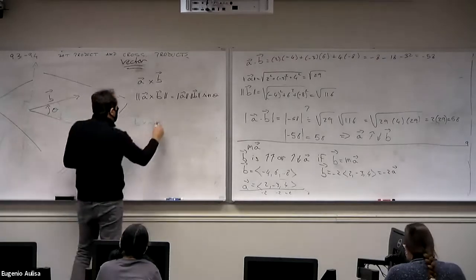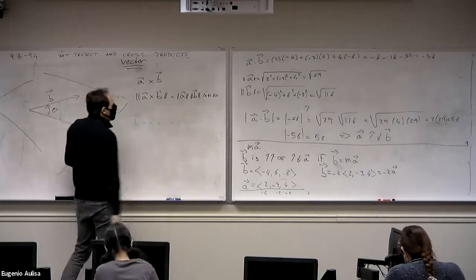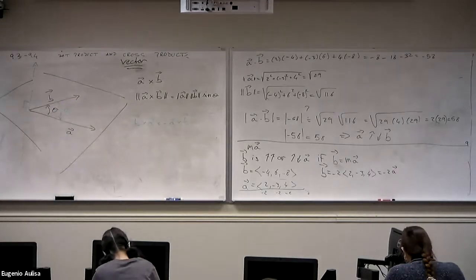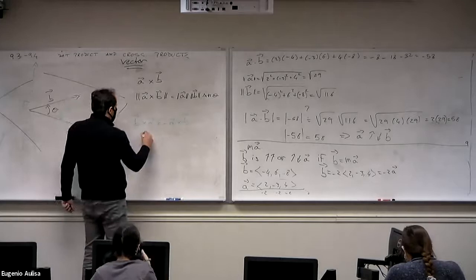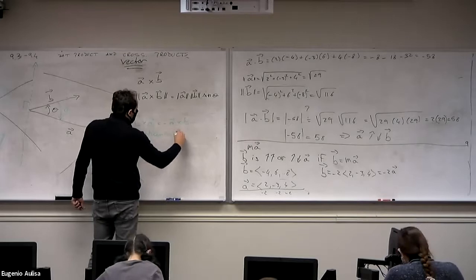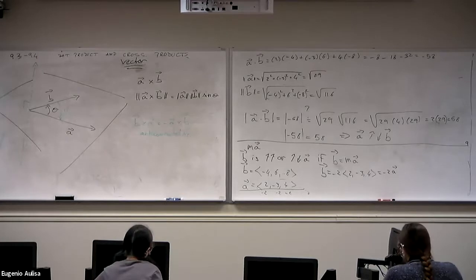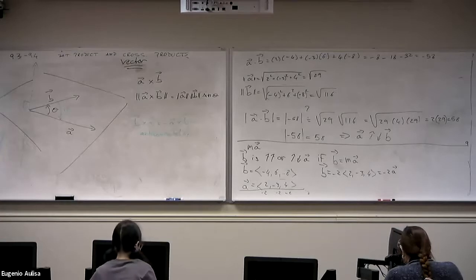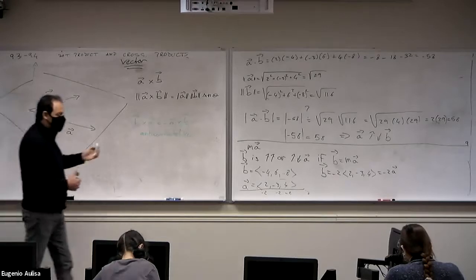So B cross A is equal to minus A cross B. This property means it's anti-commutative. If you reverse the order, you have to change the sign. So the dot product is commutative. The cross product is anti-commutative. Okay? Any question on this?